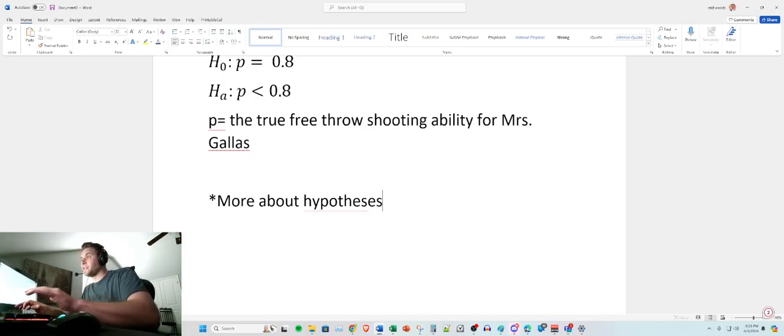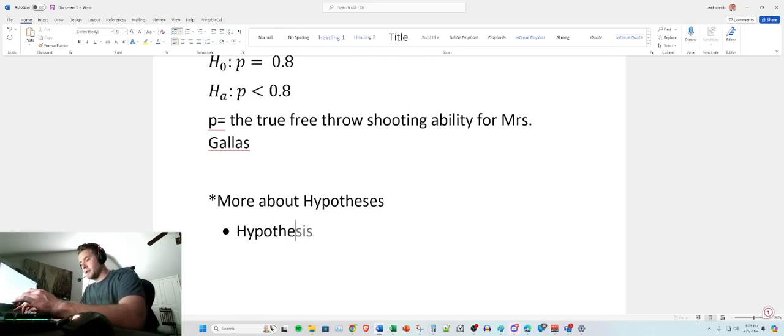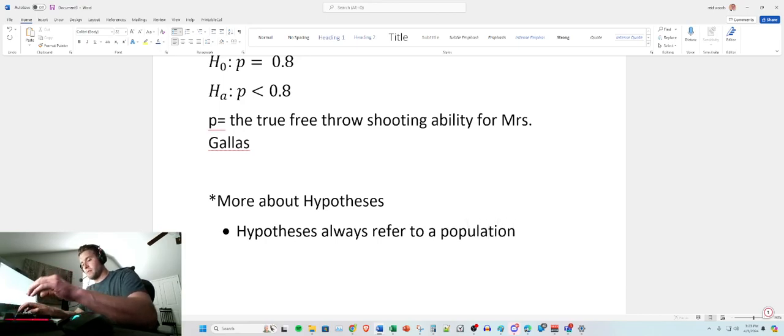Or we'll say hypotheses. Okay, a couple of bullet points, so we'll make a list of bullet points. Hypotheses. This is kind of repeating what we've already written. Always refer to a population, not a sample.